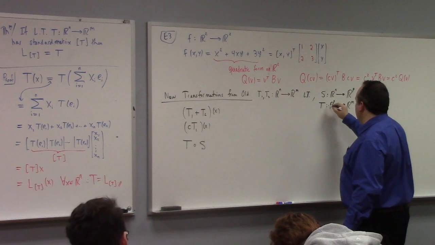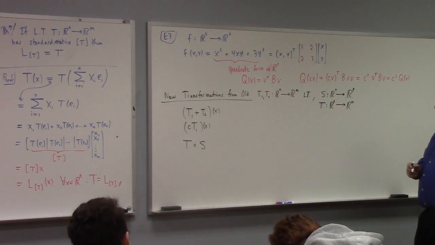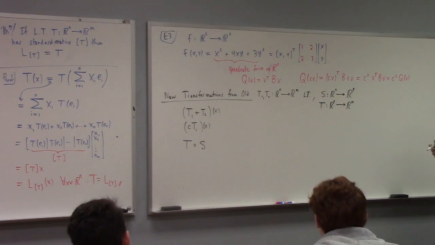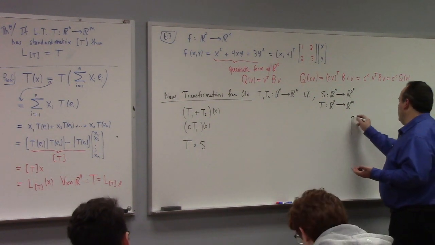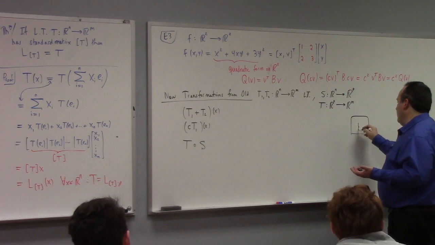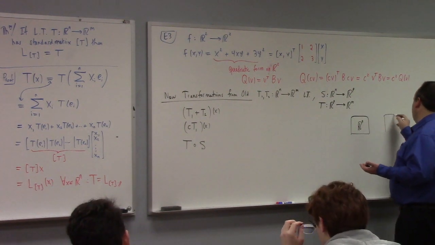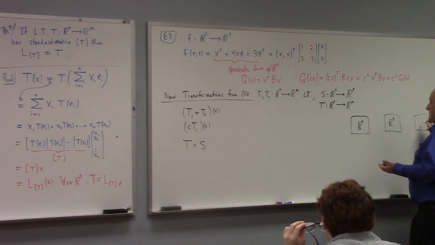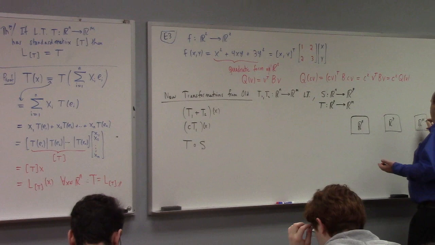I want them to be composable, like T composed with S. Let me draw a picture. There are three spaces I'm thinking about here. We've got Rn, your middle space Rp, and your final space Rm.